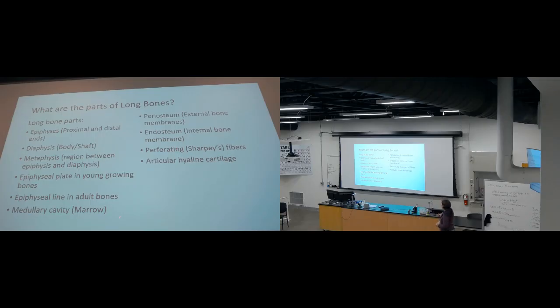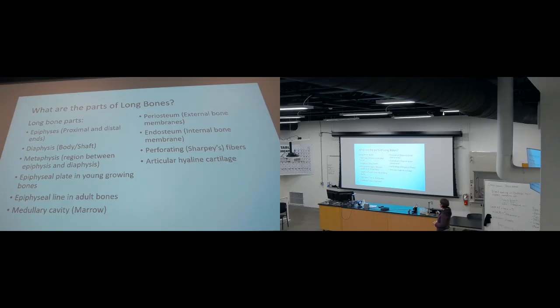And then in the middle of this body shaft, internally, you have a cavity that is called the medullary cavity, or marrow cavity. Now, the bones are surrounded by a membrane that is called the periosteum.